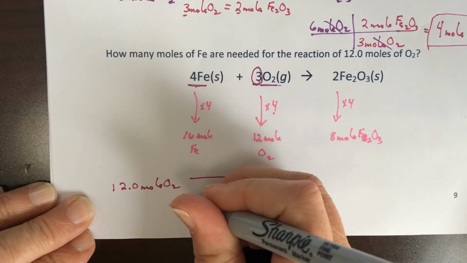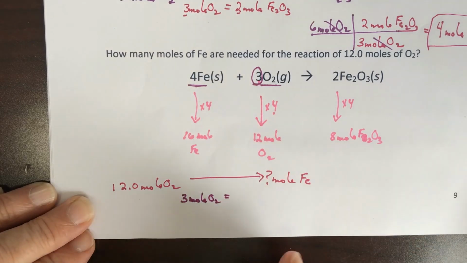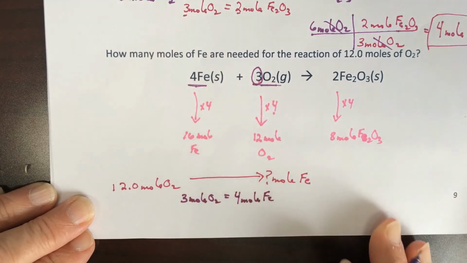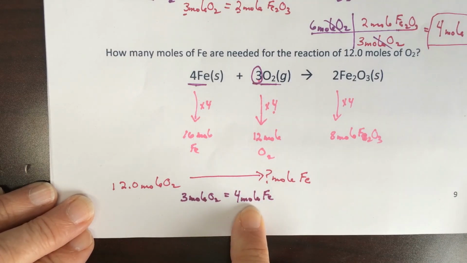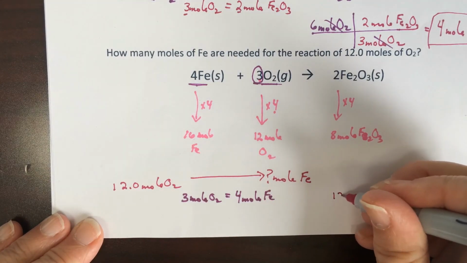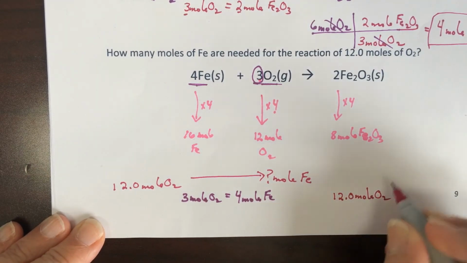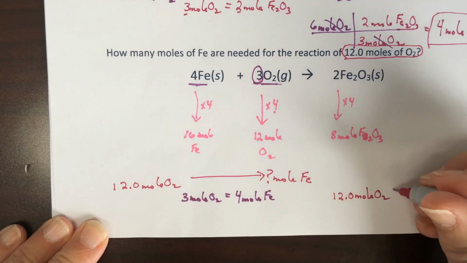So I'm going to write that 3 moles of oxygen equals 4 moles of iron. You're going to have to take that equals with a grain of salt. That means that 3 moles of O2 is going to combine with 4 moles of iron. Okay, so now we're ready to write our problem out. We're going to start with our 12 moles of O2. That number came from the problem up here at the very beginning. Okay, that's what we started with.